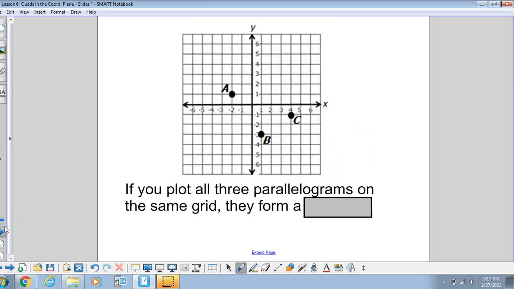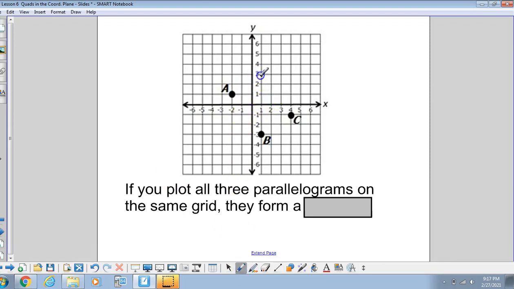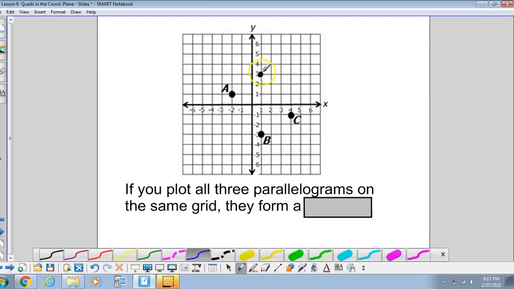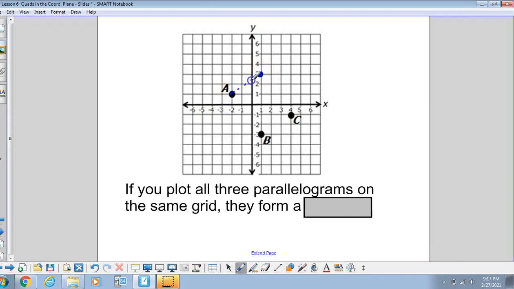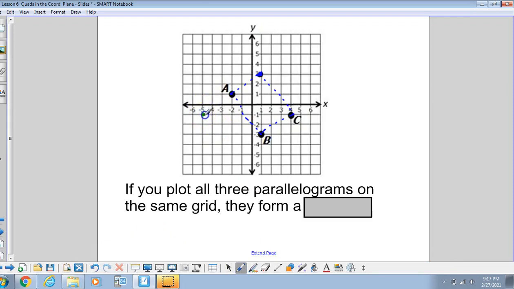Now, an interesting thing is that if you were to plot all three of those parallelograms on the same grid, they would form an interesting shape. So I'm going to put in the coordinates in the first quadrant. It was (1, 3). I want to draw it in a different color. And our shape looked like this, this was our parallelogram. And then our third quadrant was (-5, -1).